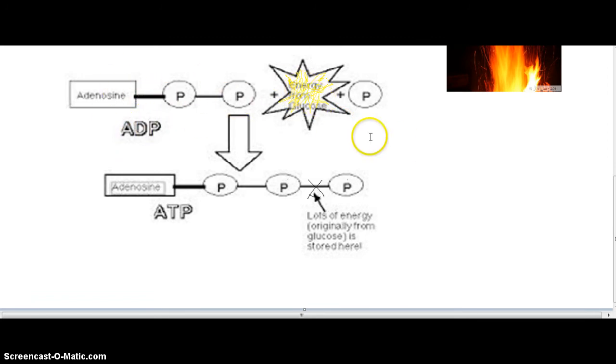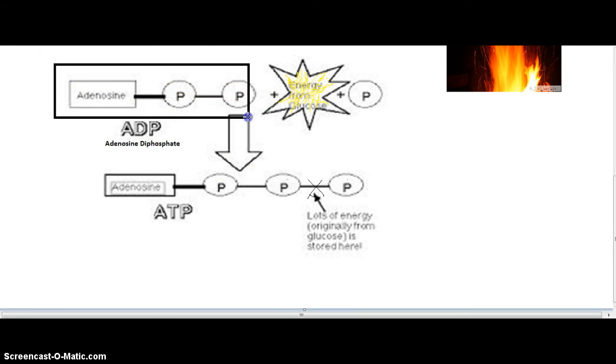ADP stands for adenosine diphosphate. The Di stands for 2. So adenosine and 2 phosphates. Energy has already been released. The adenosine diphosphate molecule on its own doesn't do anything.